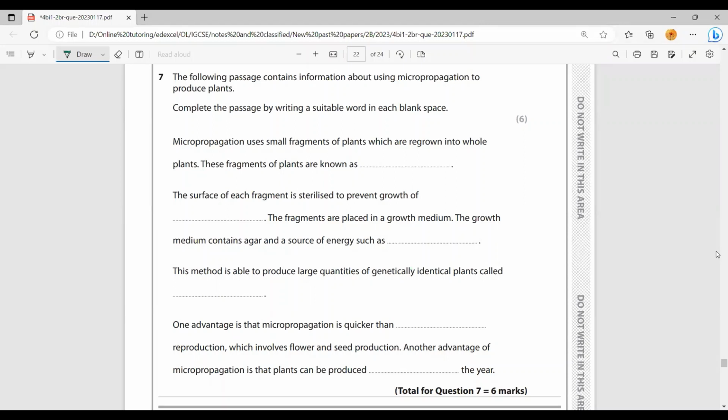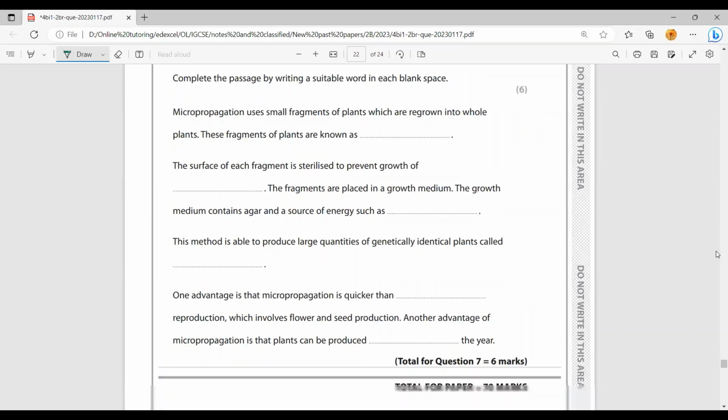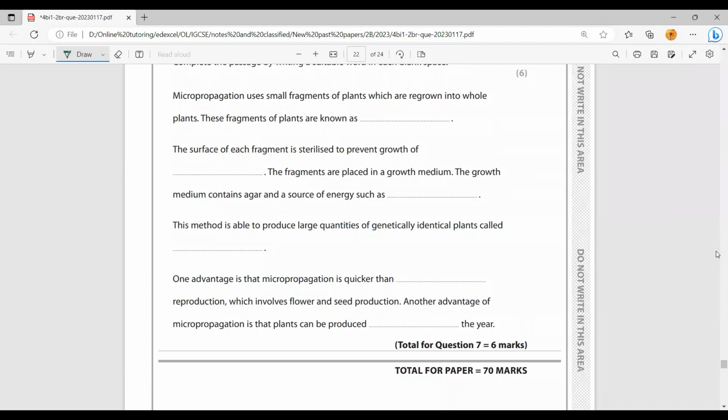Okay, you will answer this whole question. Complete the passage. These fragments of plants are known as explants. The surface of each fragment is sterilized to prevent the growth of any microorganisms. And then they're placed in a growth medium.